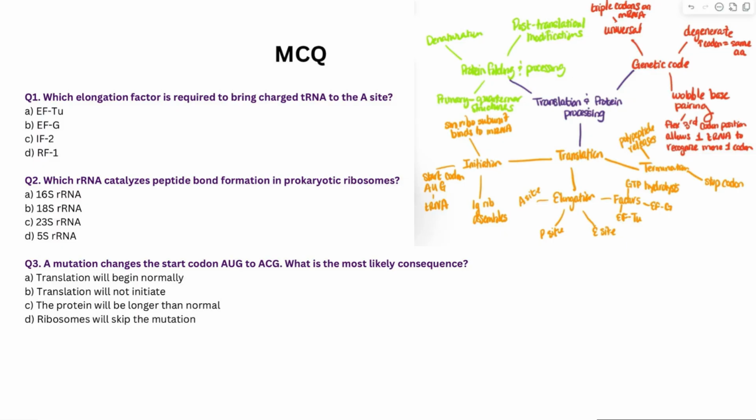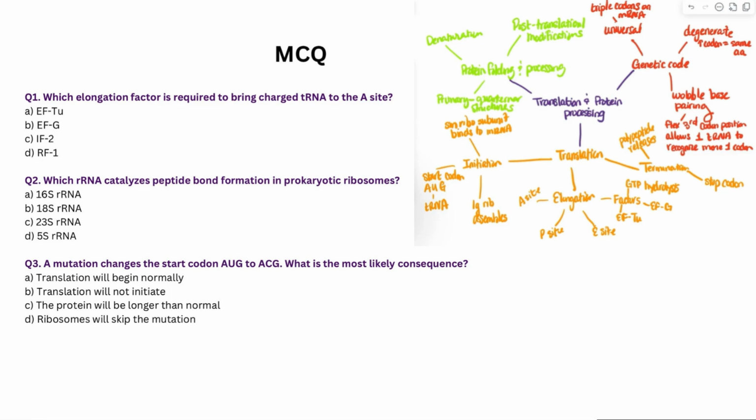Multiple choice questions. Question number 1: which elongation factor is required to bring charged tRNA to the A site? You would find these in the notes.